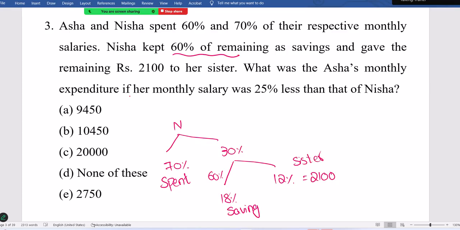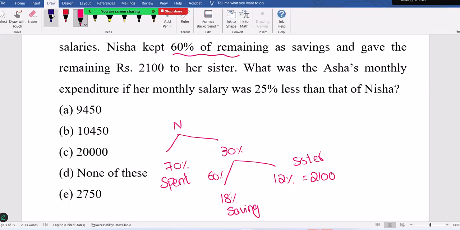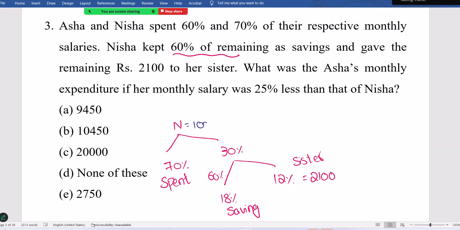So what is Nisha's overall salary? 100%, right? So Nisha's total salary is 100%. 12% is 2100, so 4 times 3 is 12, 2100 times 25 gives 100%, which is 17,500.